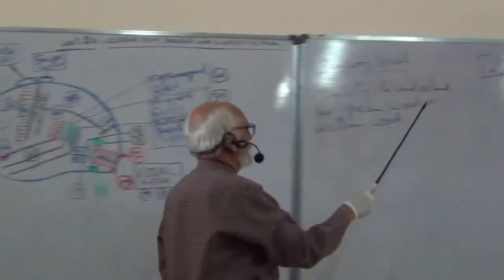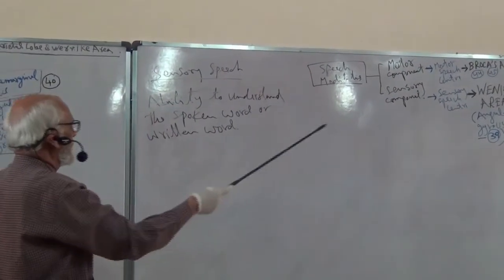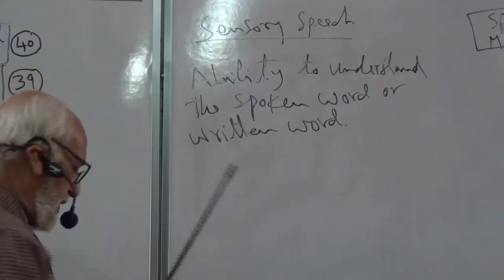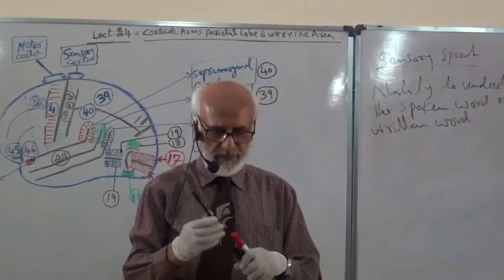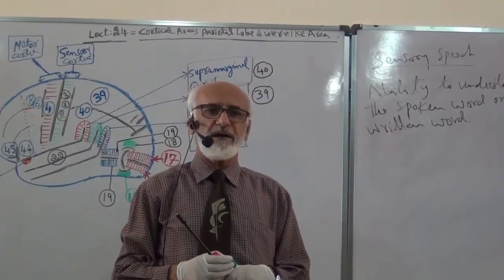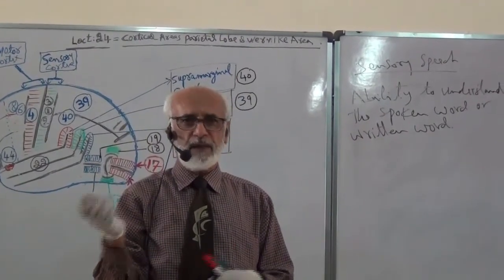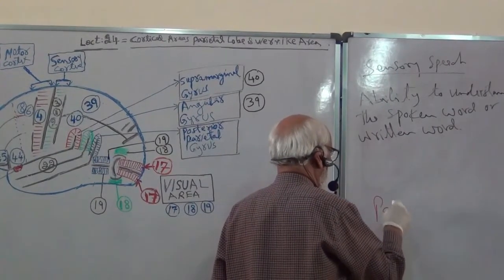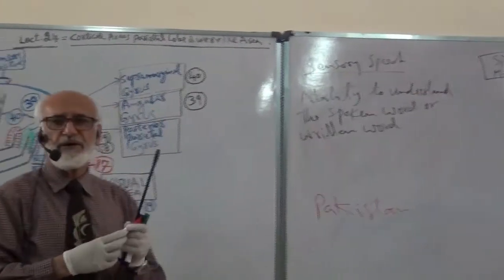So this is about the speech types and their definition. The sensory speech is the ability to understand the spoken word or written word. I have given this example before also. If I say Pakistan and ask you, you will also say Pakistan. I write it on the board and ask you to read it out.